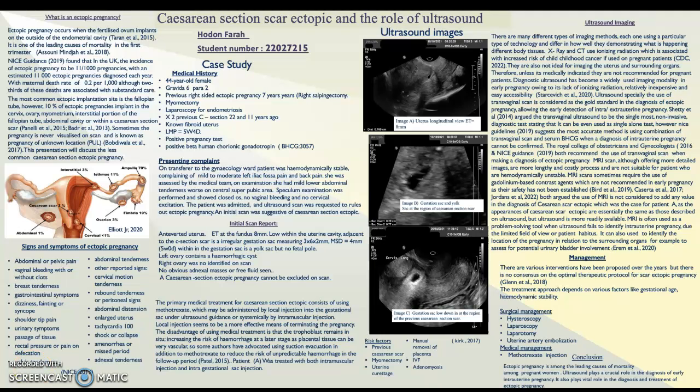3D ultrasound is another imaging modality that has been argued in the literature to have a higher accuracy in identifying ectopic pregnancy, therefore increasing early diagnostic rate and improving patient outcomes. However, as with MRI, 3D ultrasound is not readily available, therefore not suitable for emergency cases.